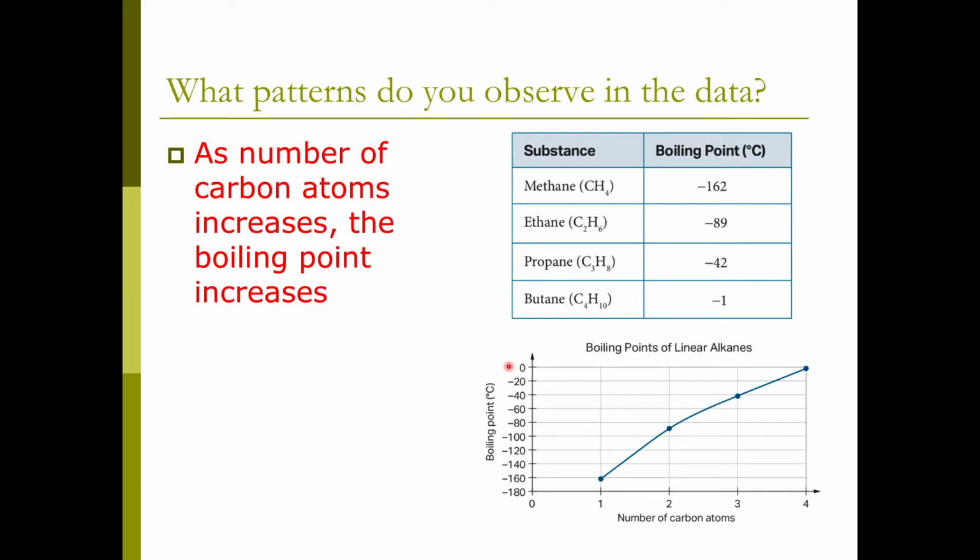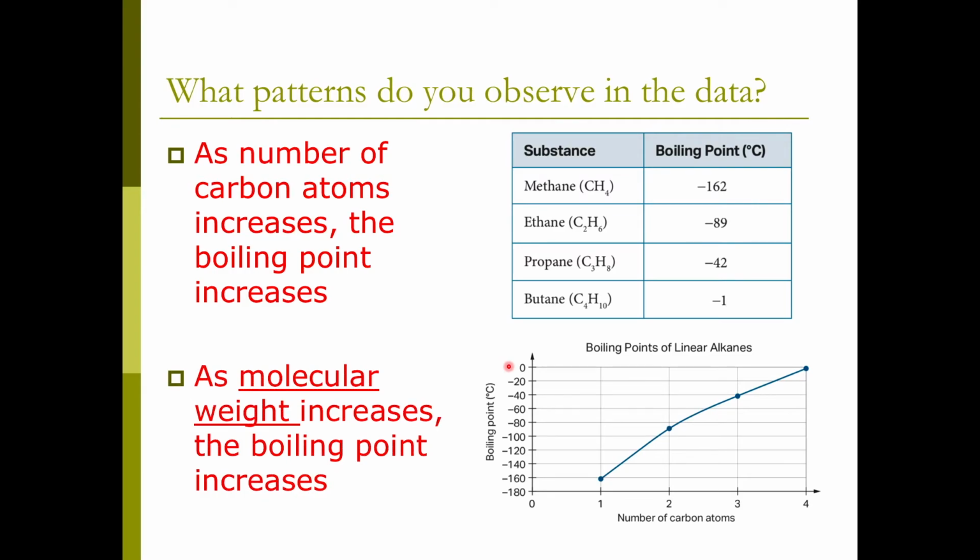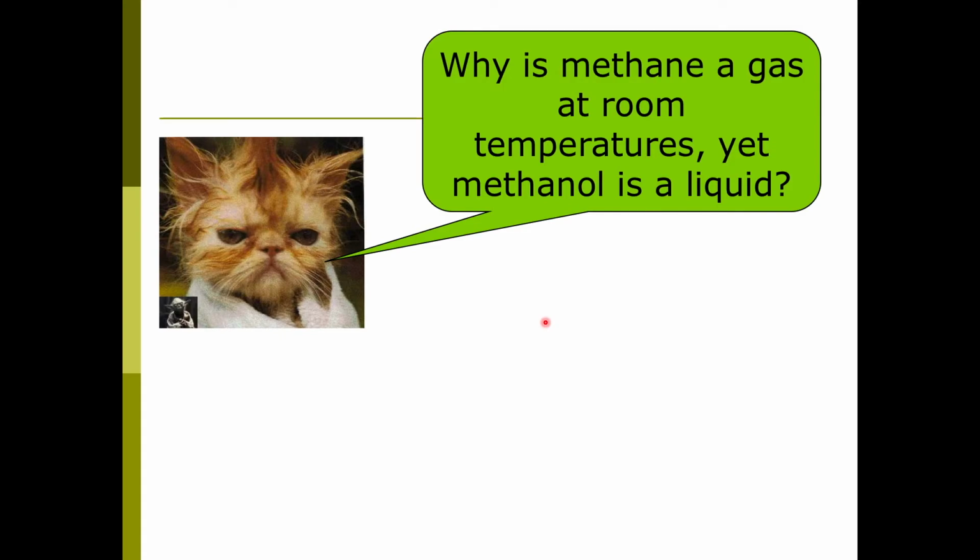But actually a better way to say that is that as the molecular weight increases, the boiling point increases. The heavier the molecule gets, the boiling point increases even more. That's because this has a higher intermolecular force.